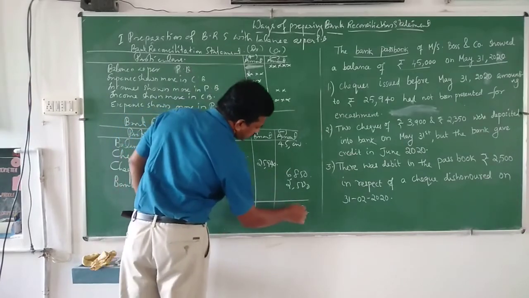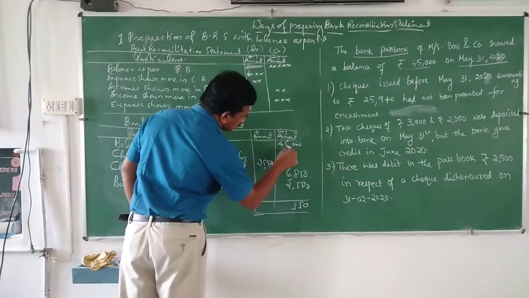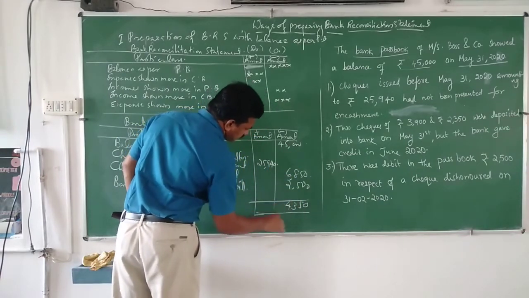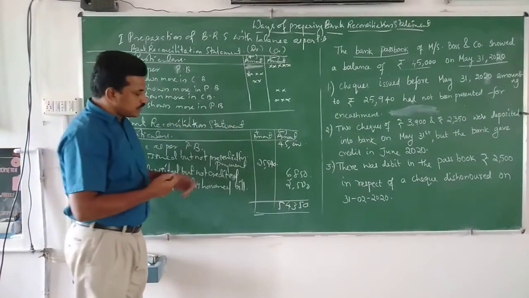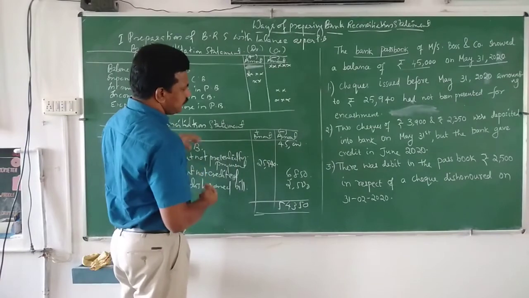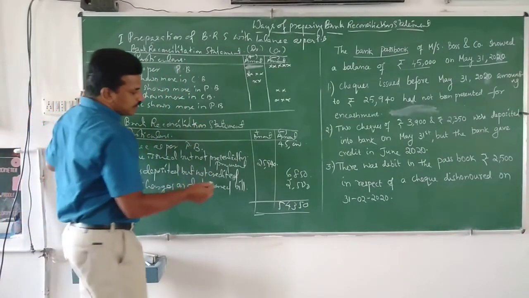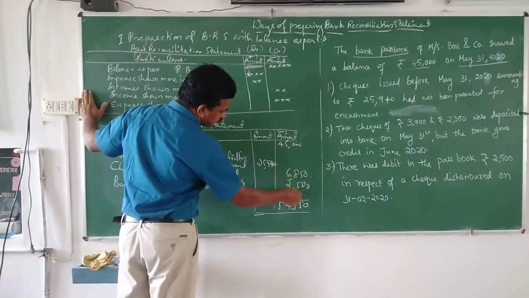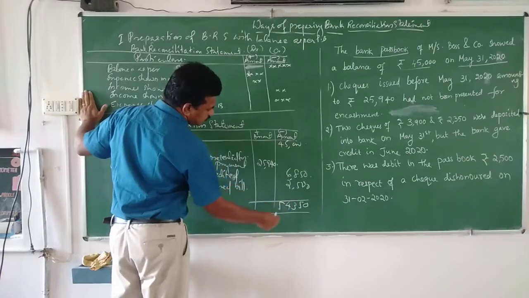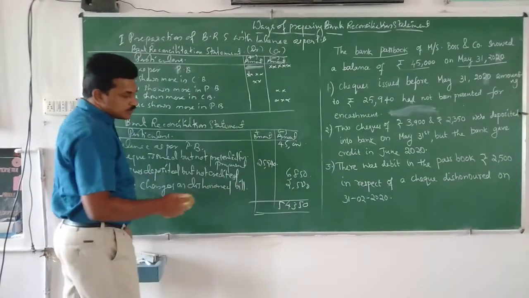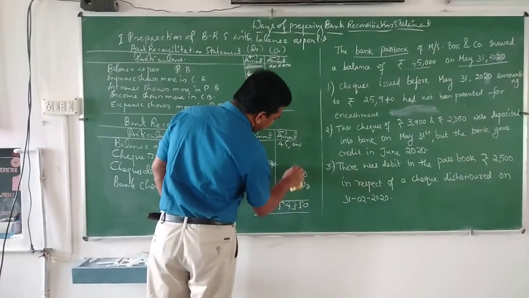So here we can add. 54,350. Okay, right? So here we have made a mistake. It is not 6,850.